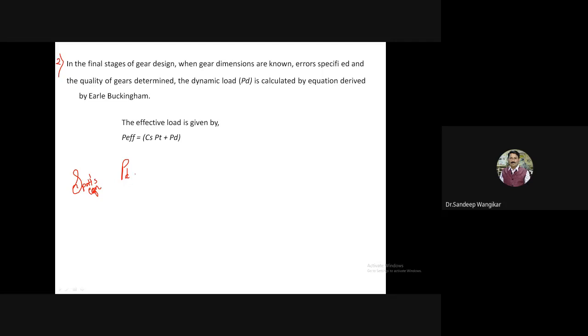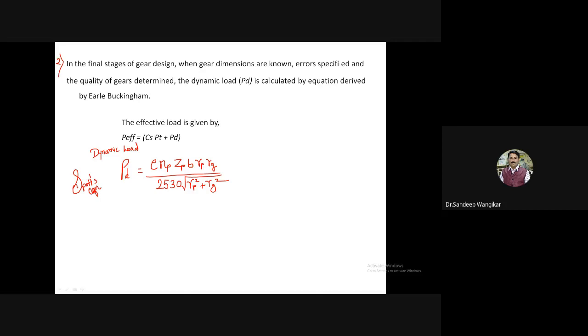So PD I will write is equal to e n p z p b r1 r2, or rp rg, whatever you will write, divided by 2530 under root of rp square plus rg square. In spur gear, we have discussed this is the Spott's equation for calculating the dynamic load.